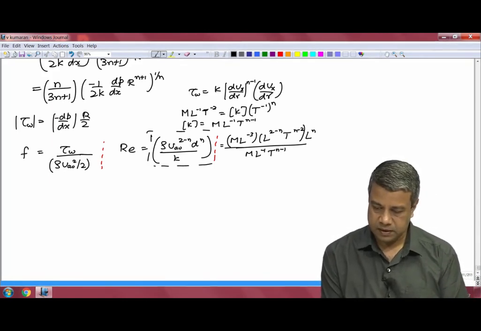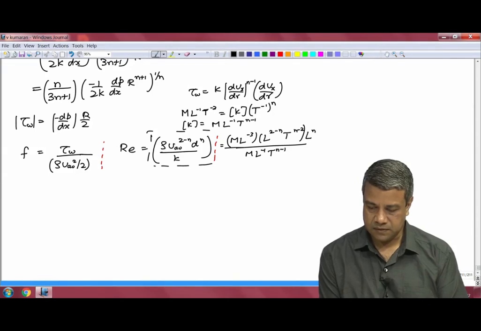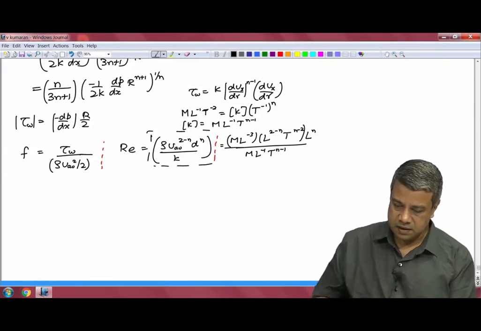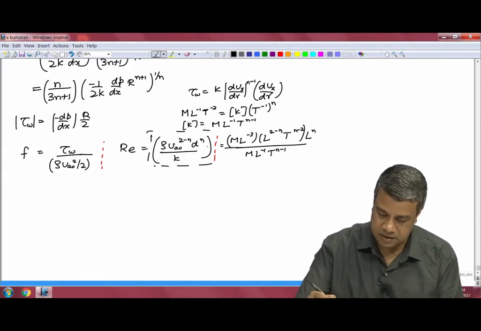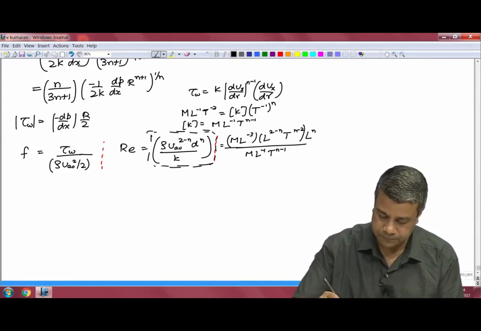Okay. And you can see that the mass dimensions will cancel out, the length dimensions will cancel out, and the time dimension will also cancel out in this case. Okay. And therefore, the Reynolds number based upon the flow consistency index has to be this one. Okay.